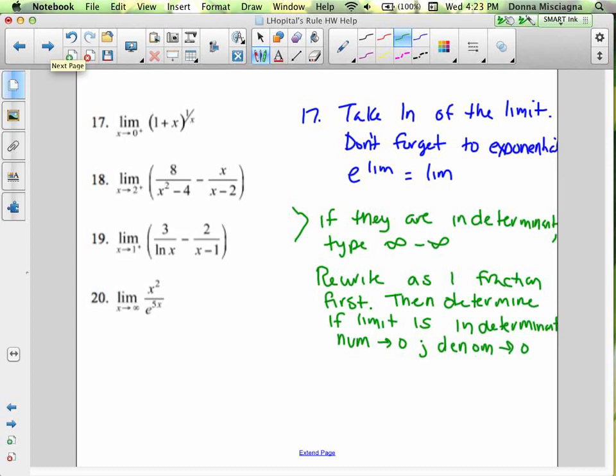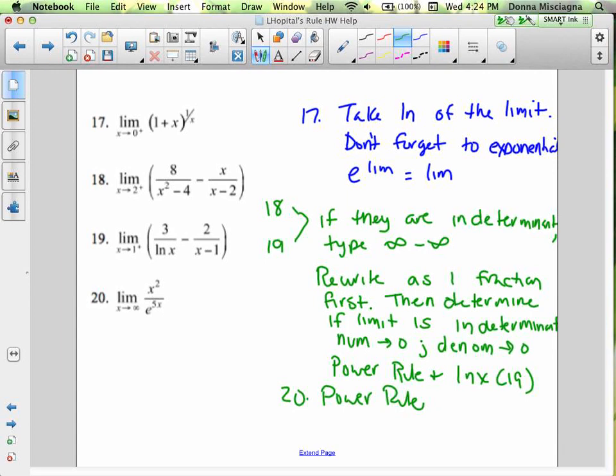Both of those are a combination of power rules, the power rule, and then of course in 19 you have natural log of x. And then 20 in the numerator is power rule.